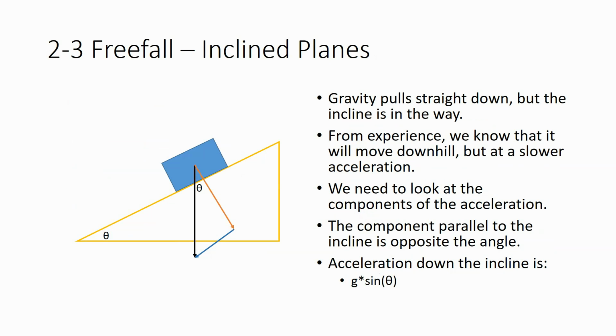Now, on an inclined plane, gravity still accelerates the object. Gravity's going to pull it straight down, but the incline is in the way. We know that if you place an object on an incline, it's going to accelerate downhill, but not with quite the same acceleration.